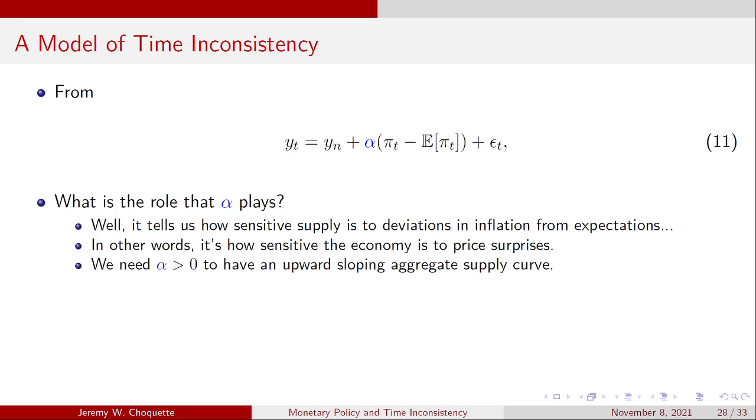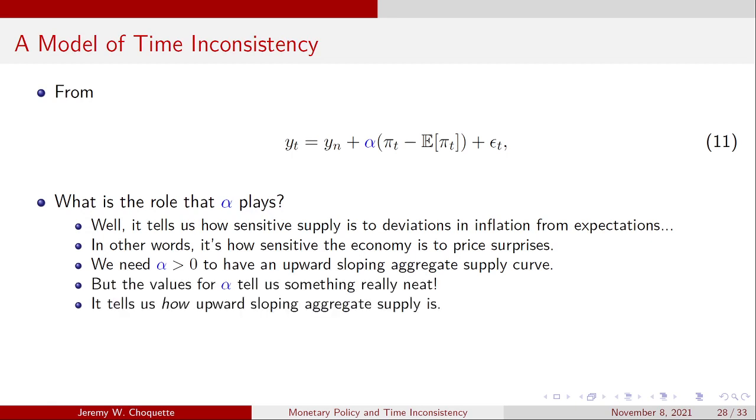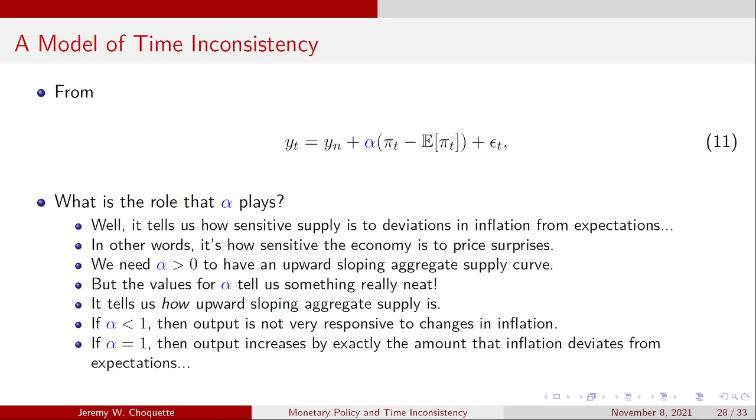We need upward sloping aggregate supply because why? Supply is upward sloping. The values for alpha tell us something that's really cool, though. It tells us how upward sloping aggregate supply is. Alpha is less than 1, right? Output's not very responsive to changes in inflation. So if it's between 0 and 1, then if there is some deviation in actual inflation from expected inflation, output's not going to respond very much.